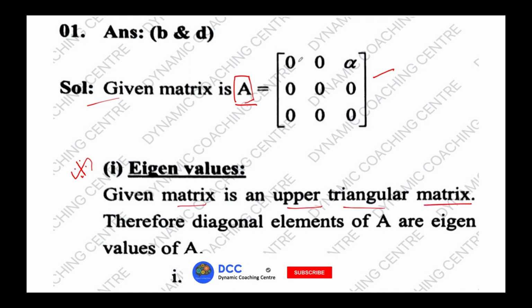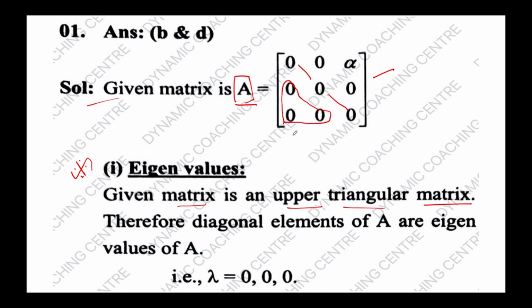What is an upper triangular matrix? This is the leading diagonal, and if the elements below the leading diagonal are 0, then it is an upper triangular matrix.